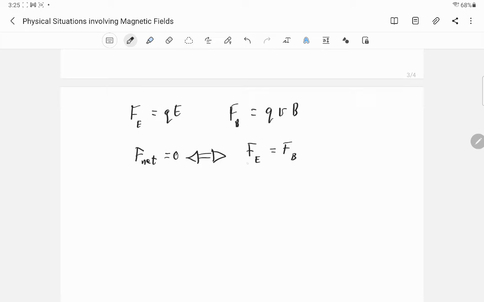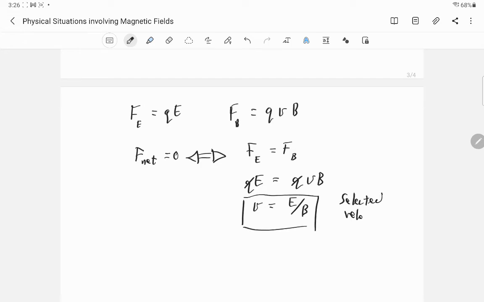And so if you put in both sides, QE equals QVB, you can see that actually the charge doesn't matter. It can be a proton, an electron, it can be any charge, because it cancels on both sides, and the velocity that gets selected is just E over B. This is the selected velocity.